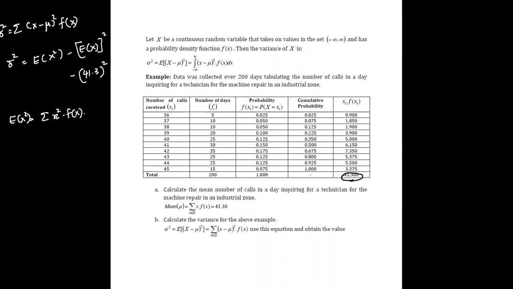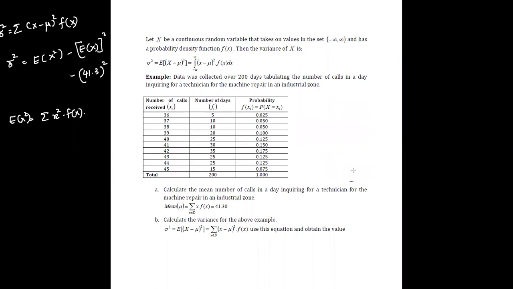Suppose this is the table we have, and here we are going to construct a new column. The new column is for x squared f(x).